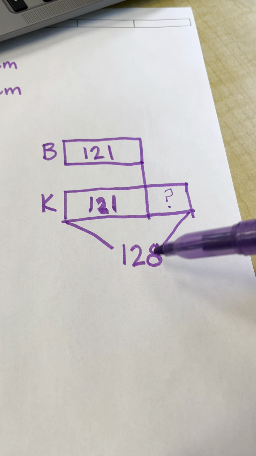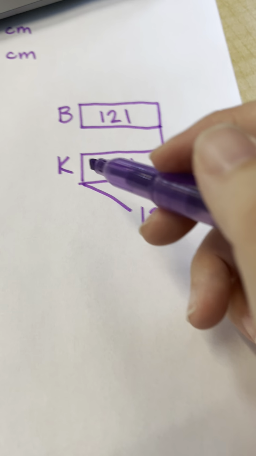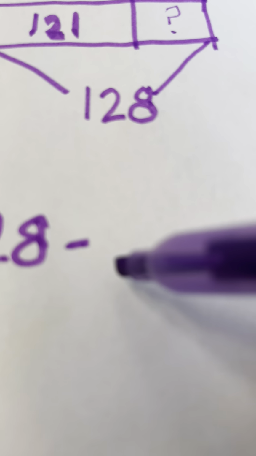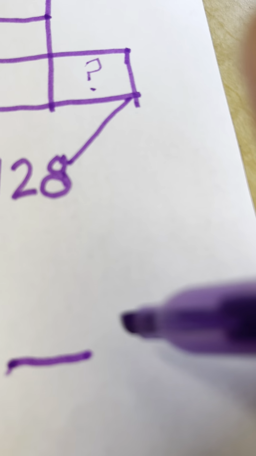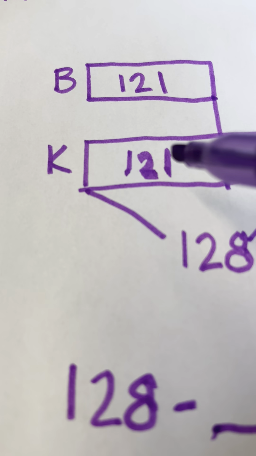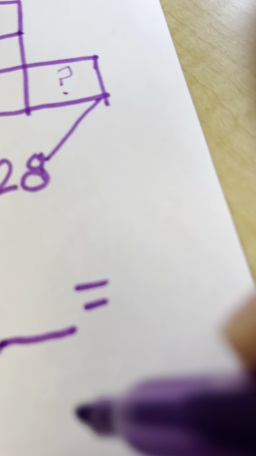But because we are starting with our total, 128, we actually have a subtraction problem this time. 128 minus our missing part equals the part that we know, 121.